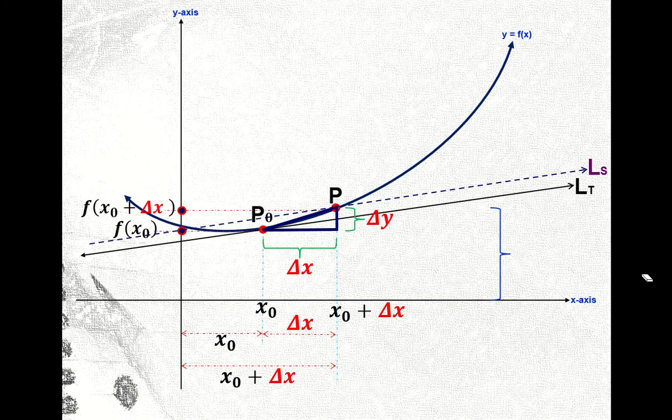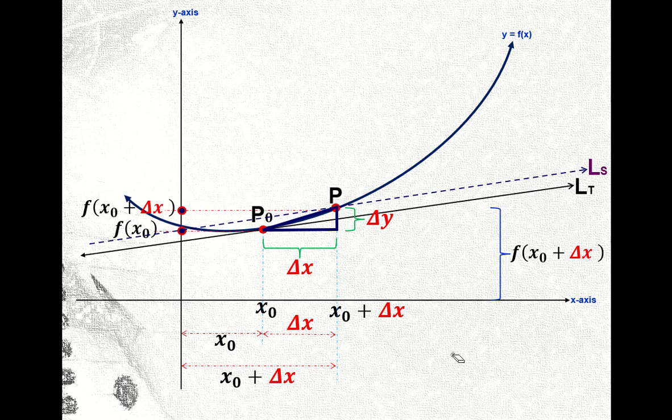Here, the height of this point from the x-axis is defined as f of x sub 0 plus delta x. This is the value of the function at this point: you substitute this value into the function, then you get this height.